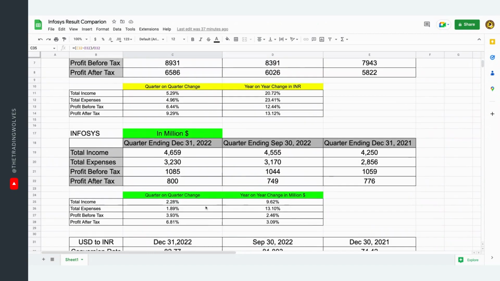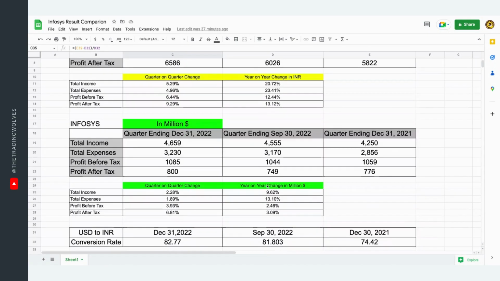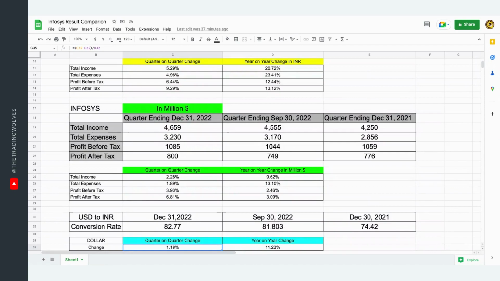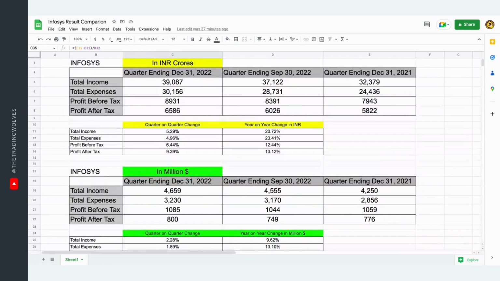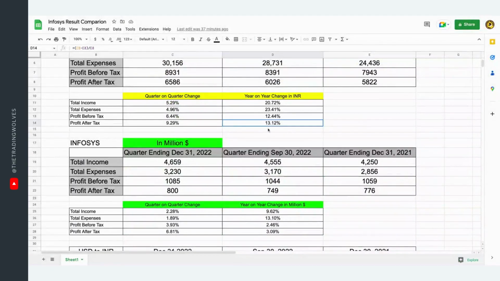So in summary, the key message I want to give all our viewers is that on a year on year basis, Infosys has not had a very good year, or on a year on year comparison the growth is not very significant, because of the 13% growth which you see here, almost 11% contribution is coming from global factors, where the Indian rupee is becoming weaker in comparison to the US dollar, which has benefited Infosys a lot.